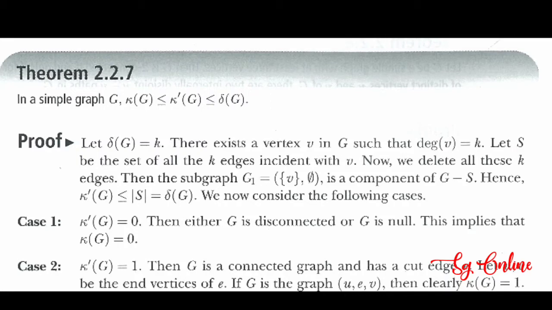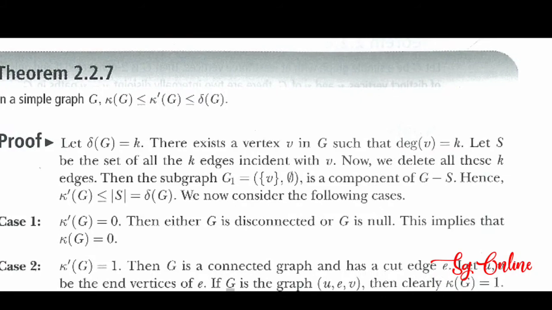Then if we delete all these edges, the vertex becomes isolated, and so the graph becomes disconnected. So by deleting these delta edges, we can make the graph disconnected. Kappa dash is the minimum number of edge deletions required for disconnectedness, so it must be less than or equal to delta. So this part is simple.